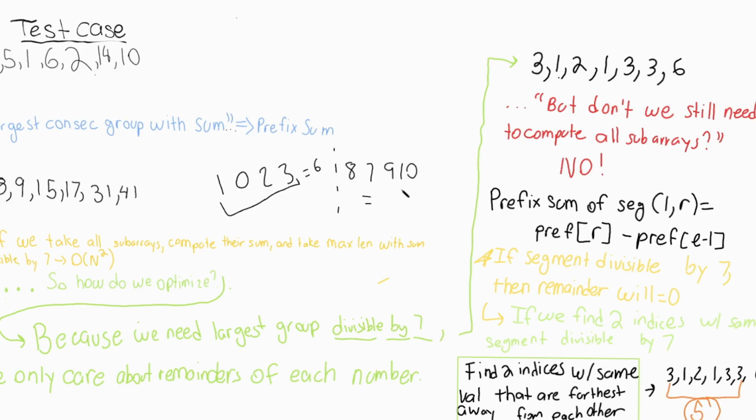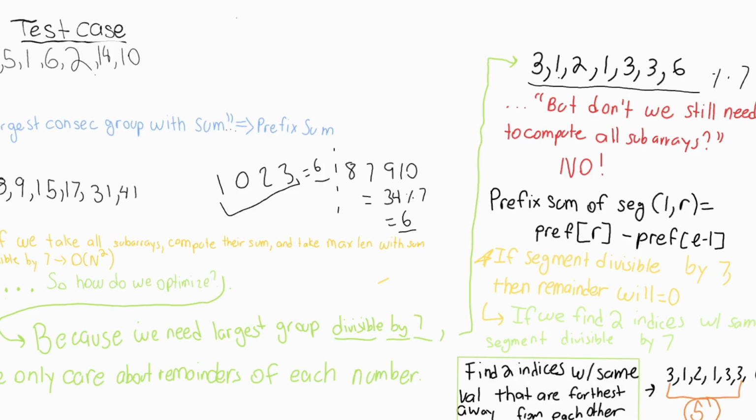That sum is equal to 34. But that's also not divisible by 7. And what's more, the remainder, if we take this modulo 7, is going to be 6. So see how it boils down to our remainder? So using that, we can just take all of the numbers in our prefix sum modulo 7.